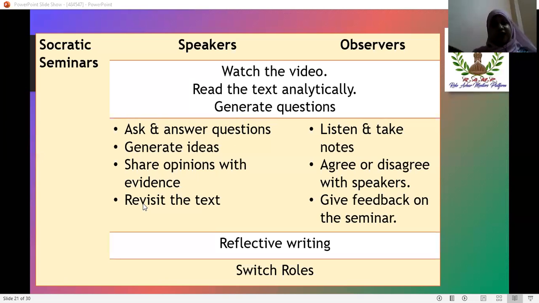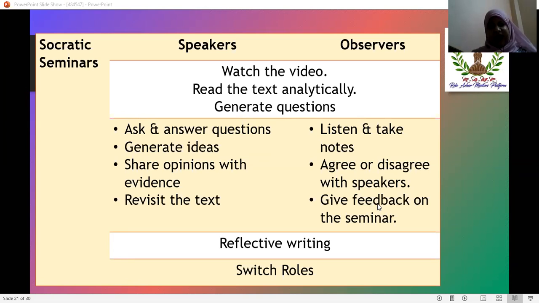What do observers do? And this is very important because your students will think that they have no task to do. So they must know about the role very well. They listen and take notes. After the speakers finish, they agree or disagree with the speakers. So they will speak at the end and say, I agree with Sarah because, I disagree with Mona because.